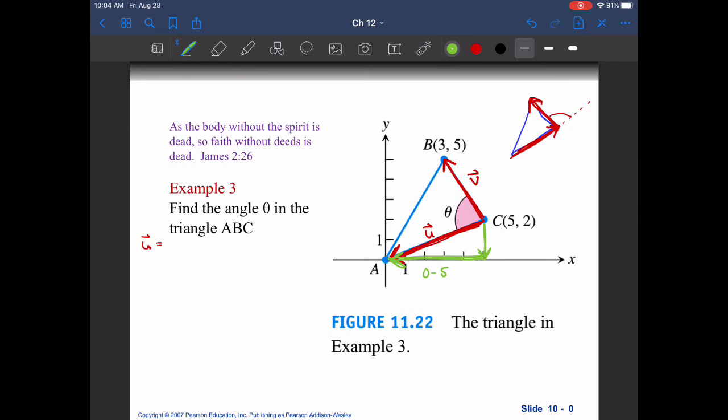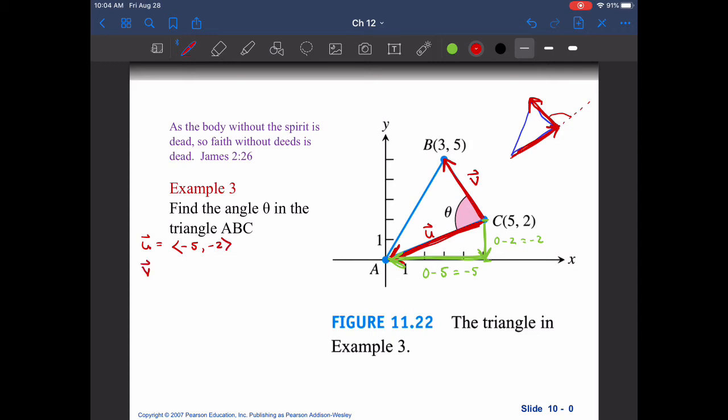And this one right here is going to be 0 minus 2, right? We're starting at 2 and going to 0, so it's final minus initial, 0 minus 2. So this one's a -2 length, this one's a -5 length, which means that for vector u, we have, in component form, -5 in the x direction, -2 in the y direction, just like that.